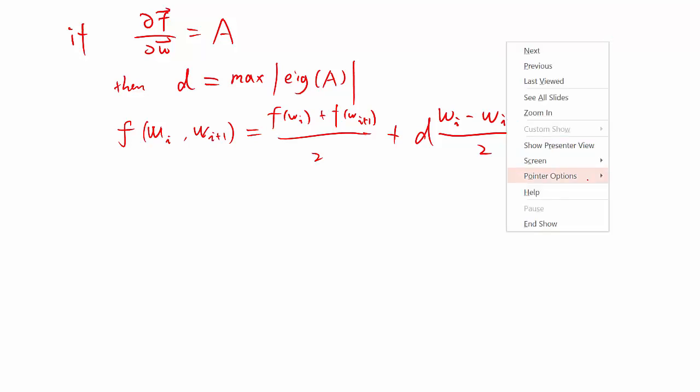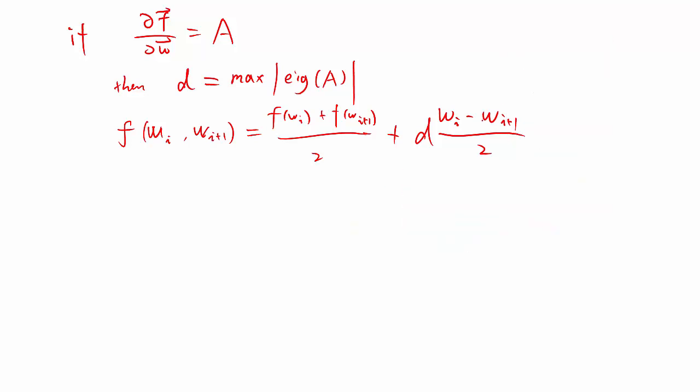Okay, this is the interesting term here. This term is approximately equal to minus D times partial W partial X times half of delta x.